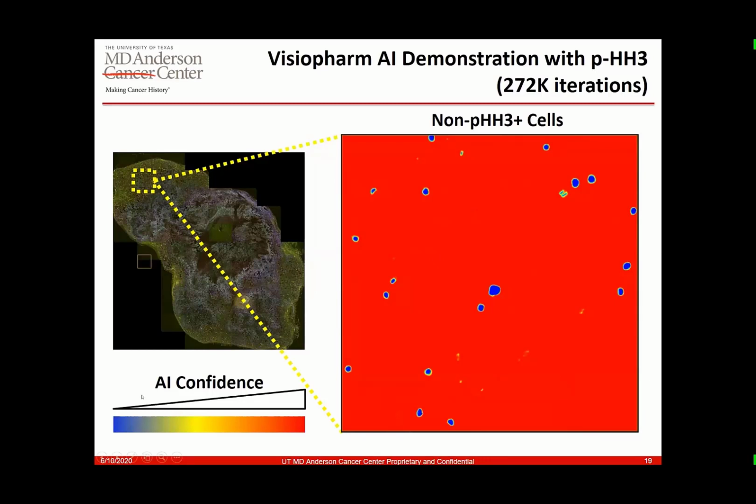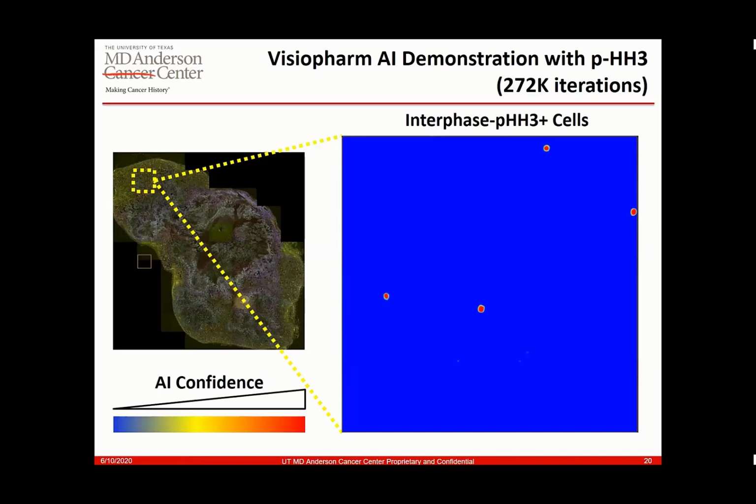After the training session, it gives you a heat map that says, I am extremely confident, indicated by this red color, that I don't need to know anything about all of these different things. All I care about is this. So for background, for non-phosphohistone H3 cells, it's good. I don't have to worry about it.